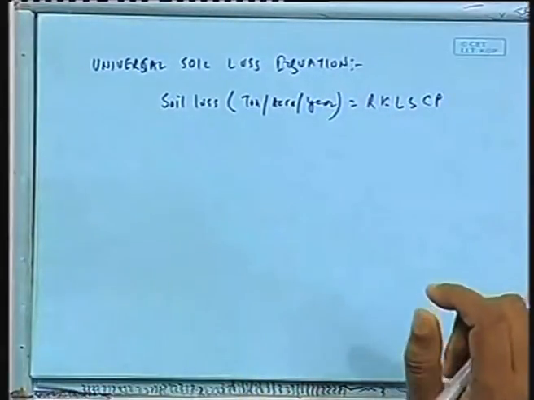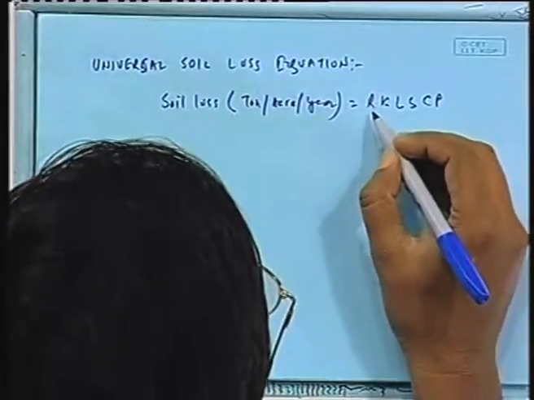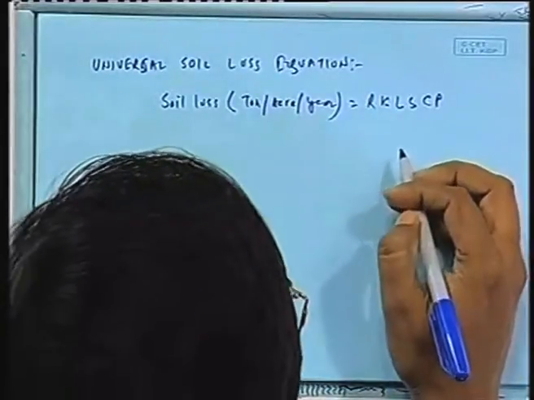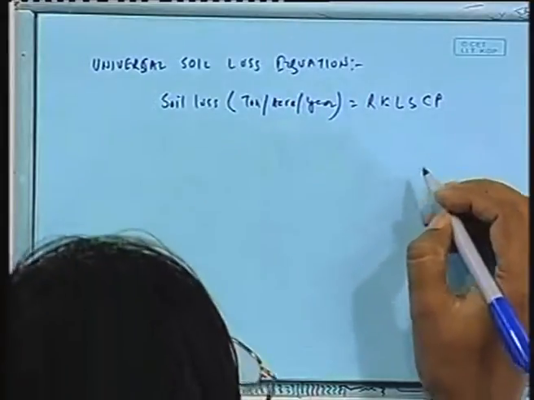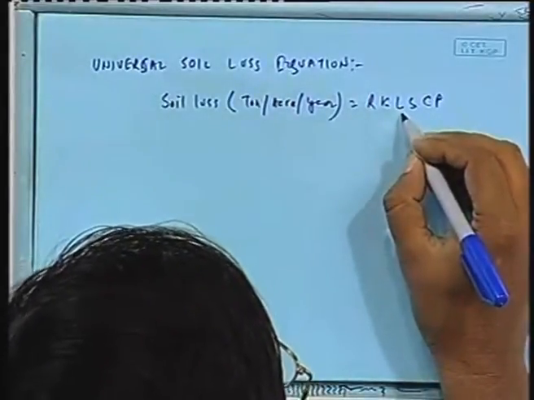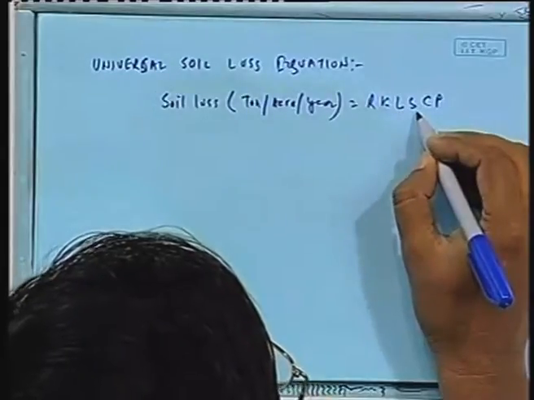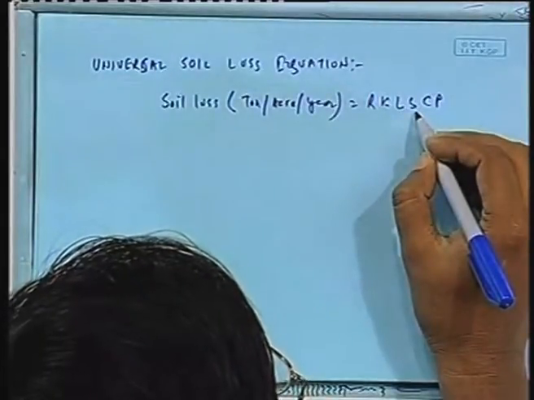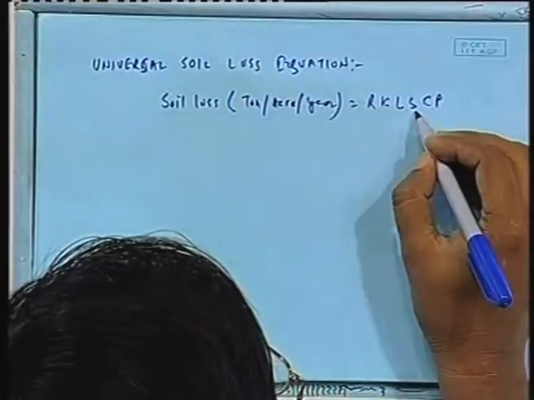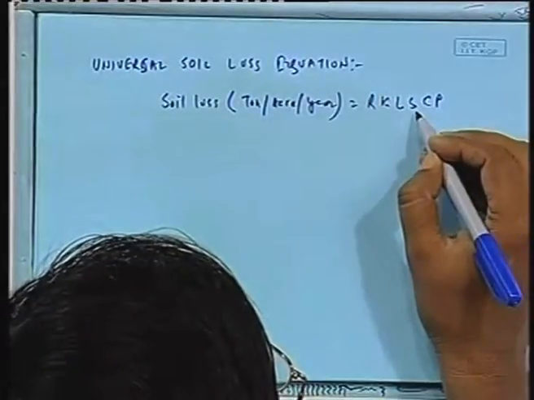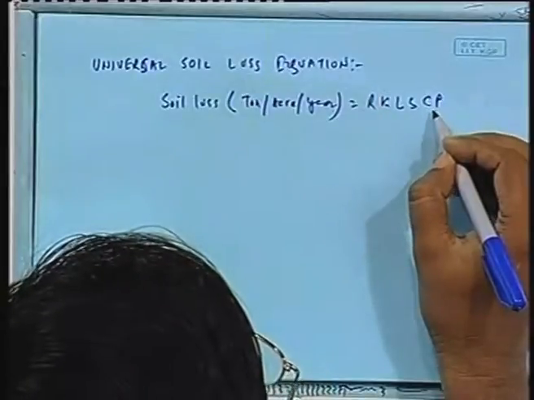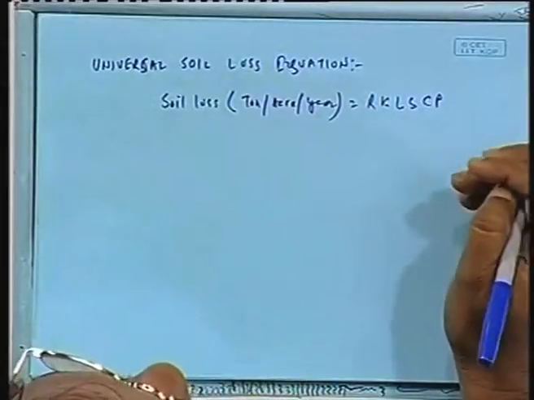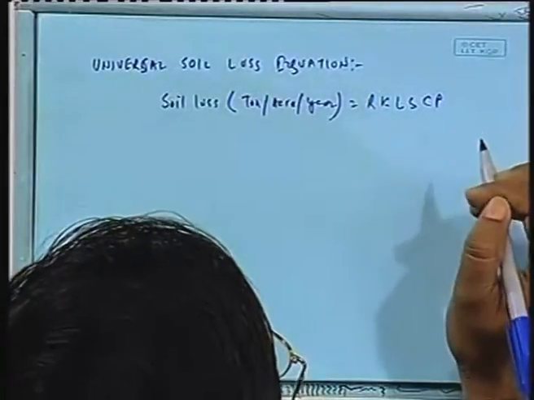We have already explained that R means the rainfall factor, K is the soil erodibility factor, L is the length factor, S is the steepness factor or slope factor, C is the vegetation factor, and P is the mechanical soil erosion control factor.